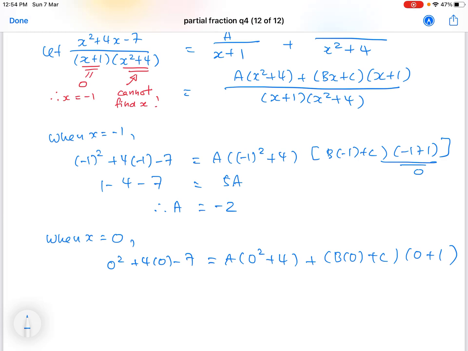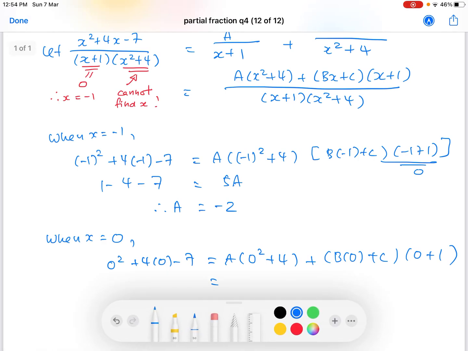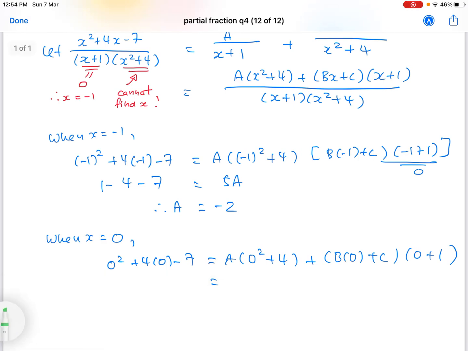We will get our A that we already found earlier on. This A is this value, so we can substitute in minus 2, then 4. Then here we will have just C and 1. So we can find our C, which is equal to 1.